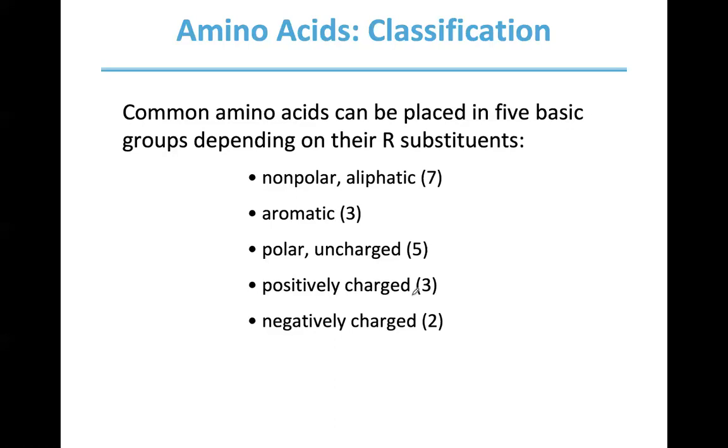For example, amino groups, so we will see the amino acids with nitrogens in them. Once protonated, they have pKa's of 9 and 10, and that's why they will be positively charged. Negatively charged is vice versa.